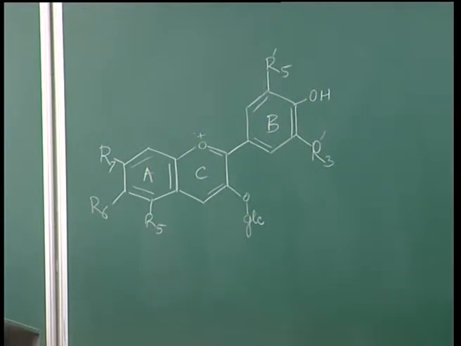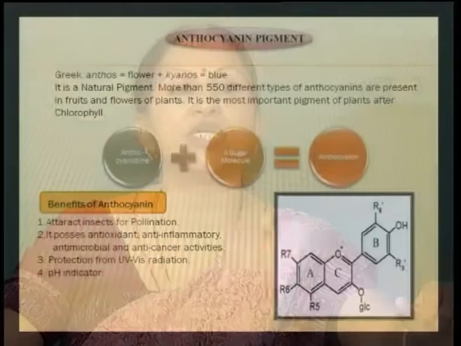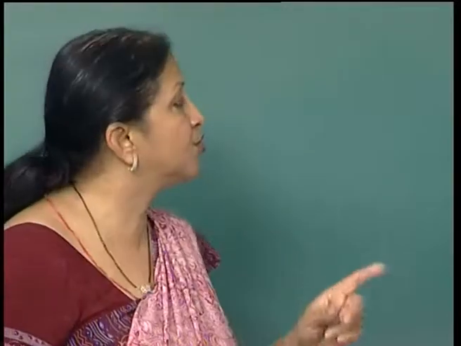So, we can say that anthocyanins have very good structural detail, very compatible with what is required for an ideal natural dye. When we were talking about anthocyanin dyes, I had told you that the alpha hydroxy groups can bring in the metal chelate very easily, and that is what makes alizarin a good dye.